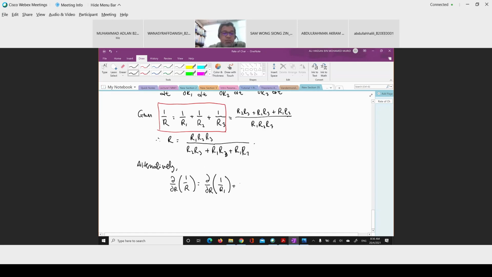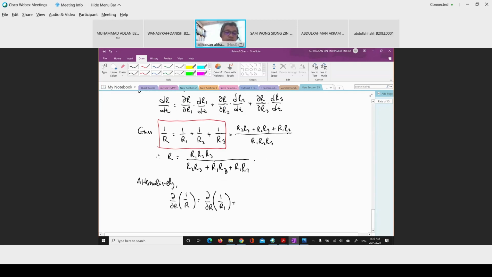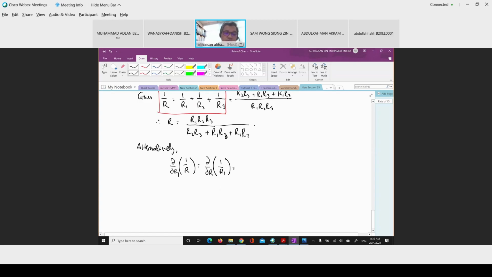We want to find partial R partial R1. Take partial derivatives of both sides with respect to R1.